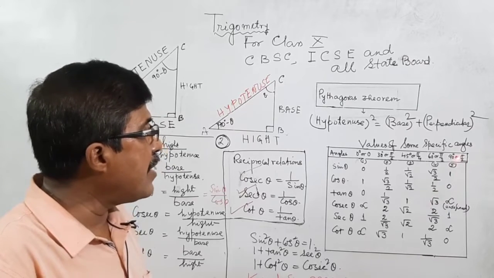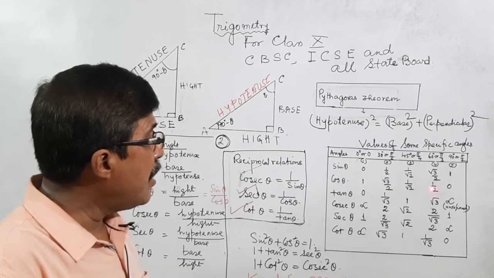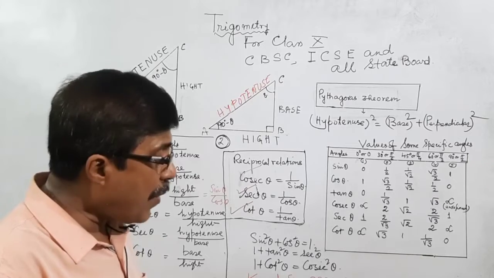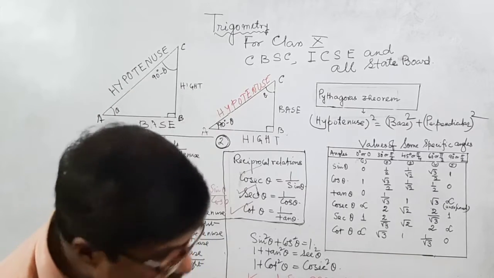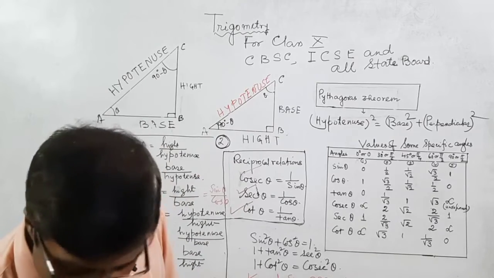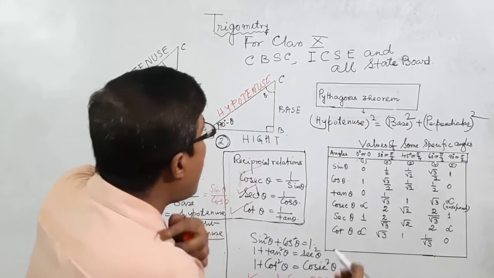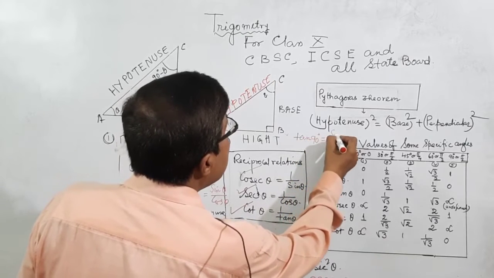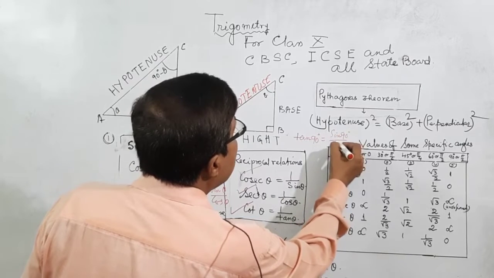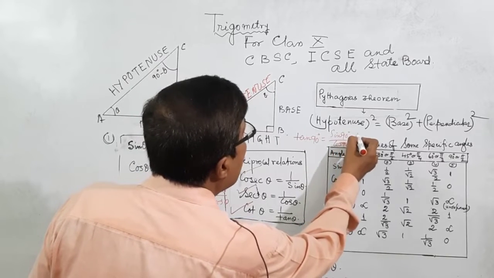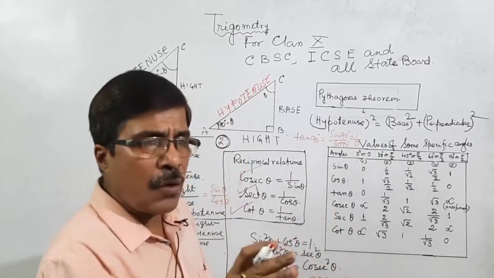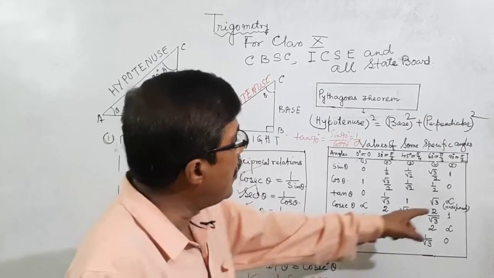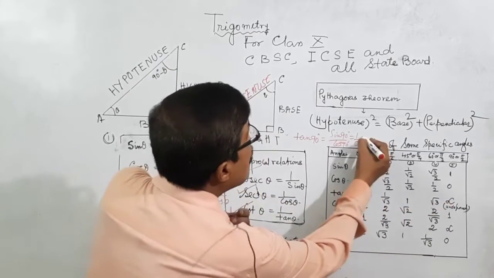And next one, 90 degree: tan 90 equal to sin 90 by cos 90, that is 1 by 0. The ratio 1 by 0 is undefined. Something divided by 0 is undefined, but for your classes we will use this mark, which is called infinity.